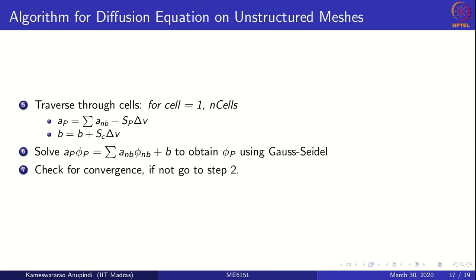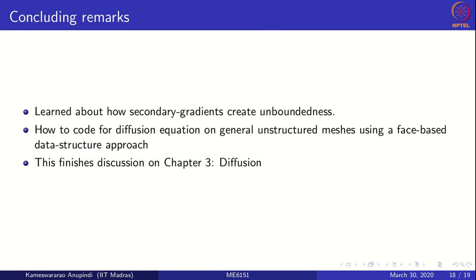Okay. So concluding remarks are basically, in this lecture we learned about how secondary gradients create unboundedness, and then how do you program for diffusion equation on general unstructured meshes using a face-based and a cell-based data structure approach. Okay, so we have answered these two questions in today's lecture.